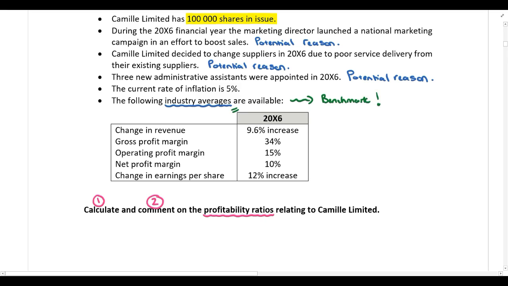So if you have been provided with industry averages, you must definitely perform the same calculations for this company, Camille Limited. So we did calculate the change in revenue, the gross profit margin, the operating profit margin, the net profit margin. However, we have not calculated the change in earnings per share. So let's just quickly calculate the change in earnings per share, and then we've performed all calculations for this lecture example, and we'll then come to our discussion.